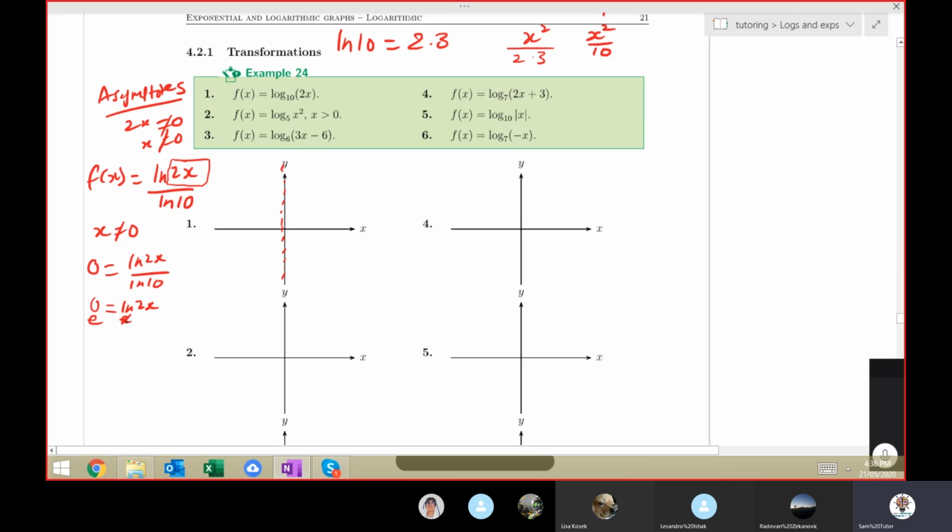A log and an exponential cancel out. What's e to the power of 0? 0. Nope. 1. 1 equals 2x. What does x equal? Half. And then that's a half, and then you just draw your log. That's it. So a little bit of solving required here.